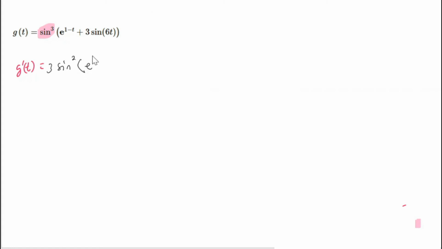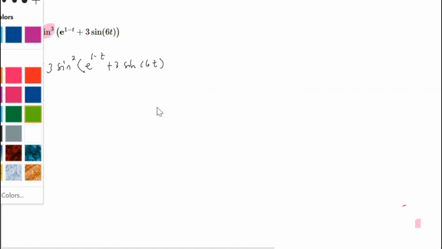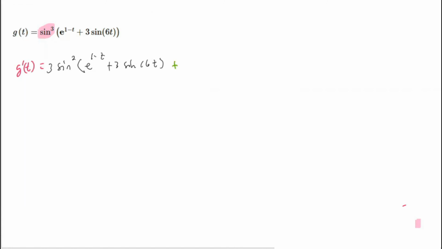We have e raised to 1 minus t plus 3 sine of 6t. Now next we have to take the derivative of the trigonometric function. So what's the derivative of sine? The derivative of sine is cosine.